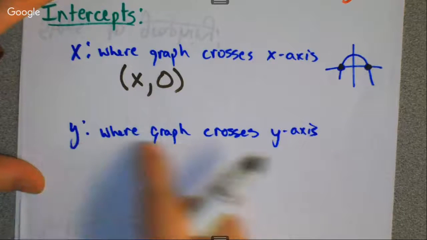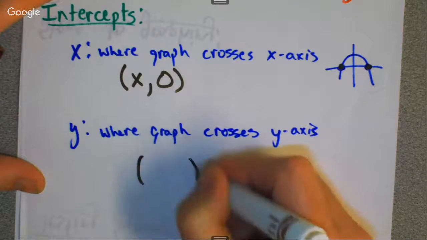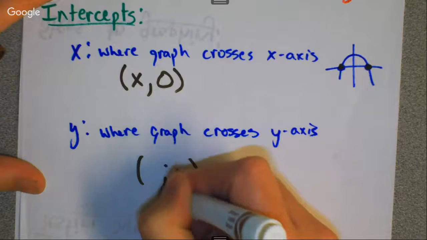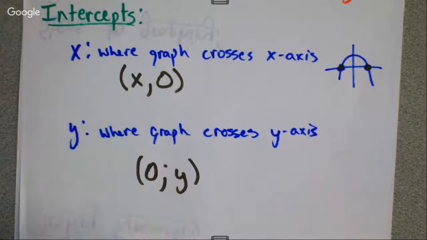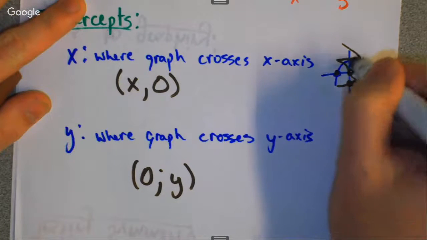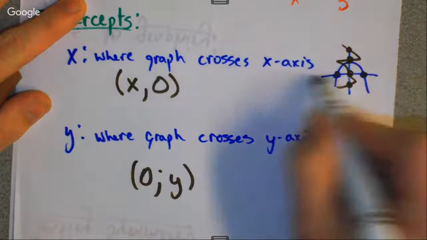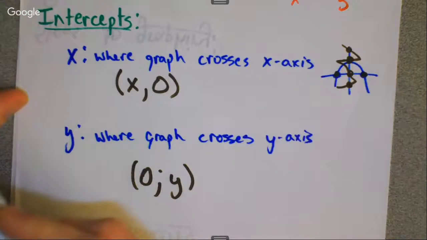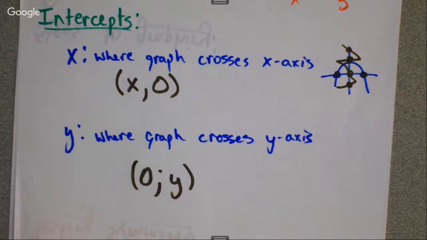For your y-intercept, I'm looking for y, but I know that x has to be 0. We're looking for these points right here. You don't go left or right any, so x has to be 0, and you're going to look for y.